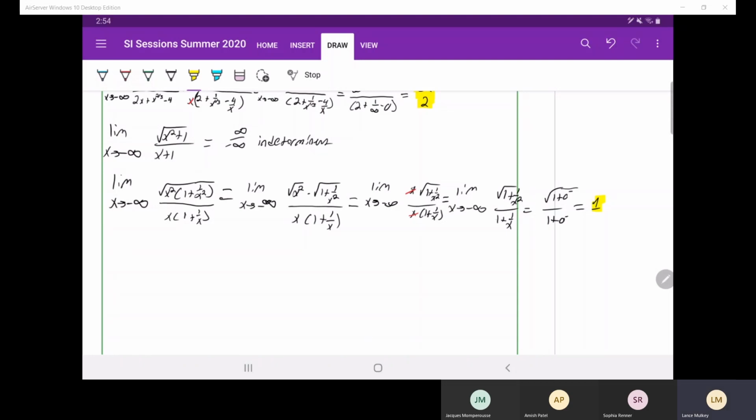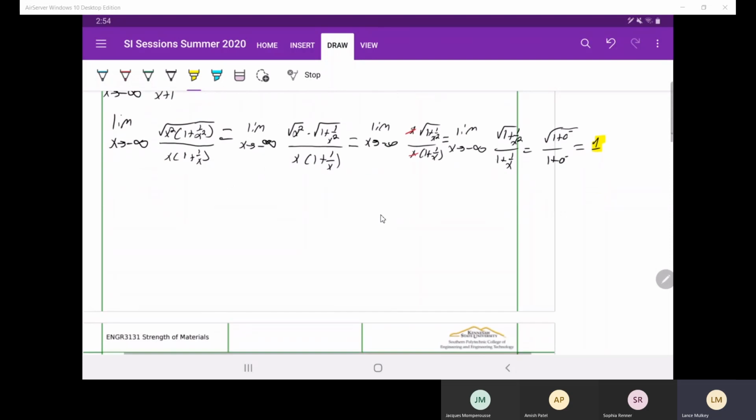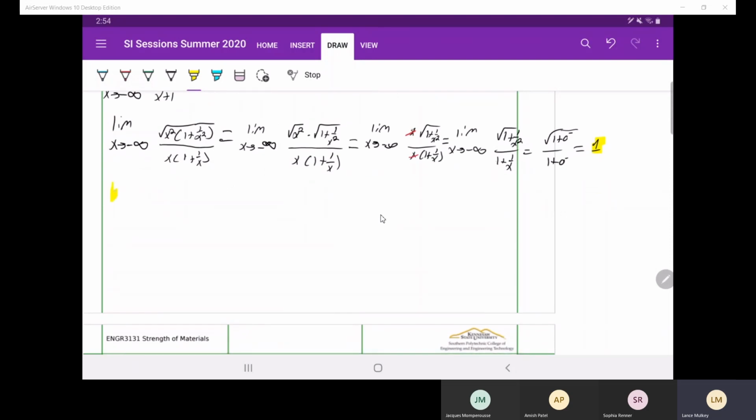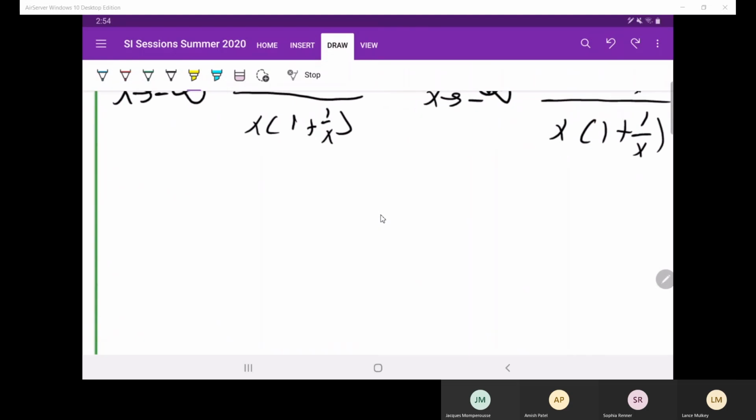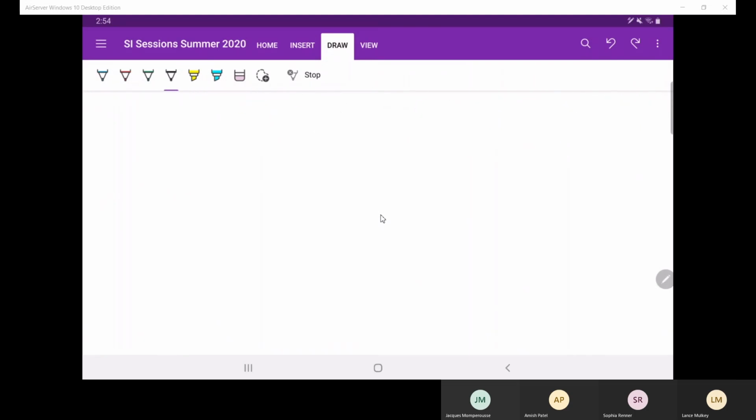So okay, let me just see if I can find it. This is number 43 from your textbook.